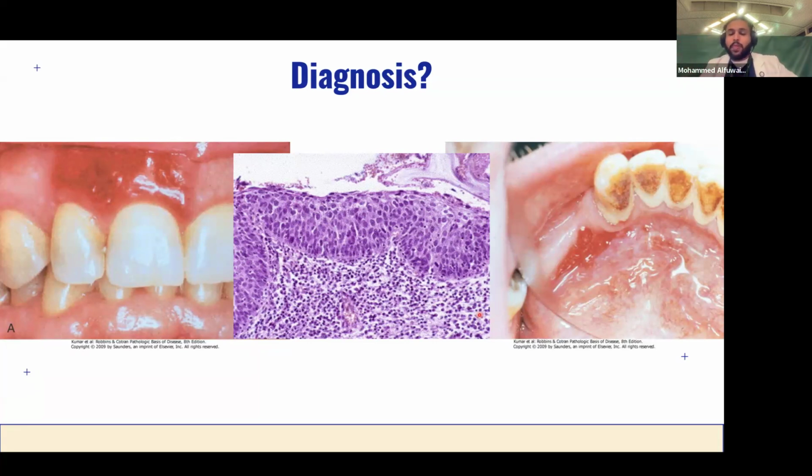That's the next step. It's red from the name erythro. On histology, it is basically squamous cell carcinoma in situ. It did not invade the basement membrane just yet. This one has a much higher risk of developing into squamous cell carcinoma.